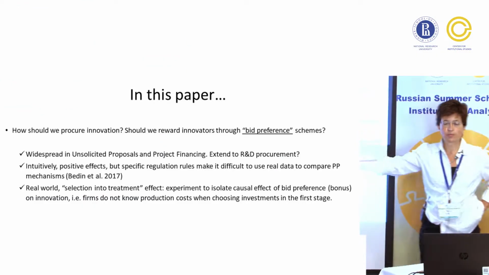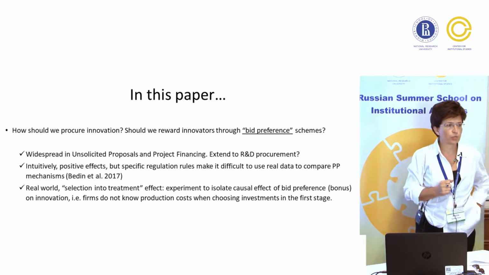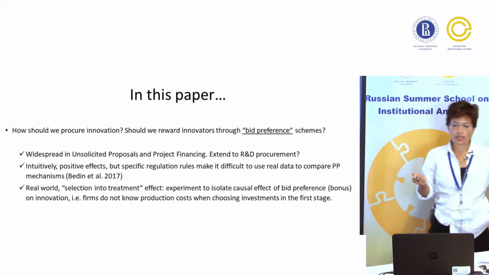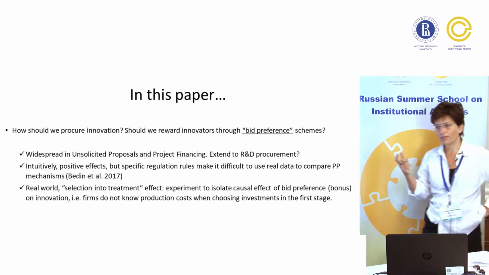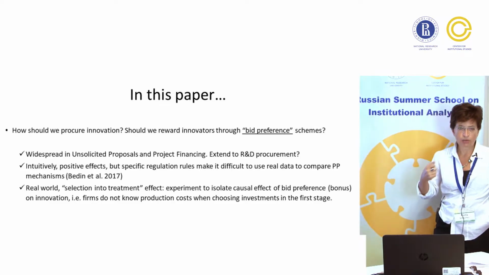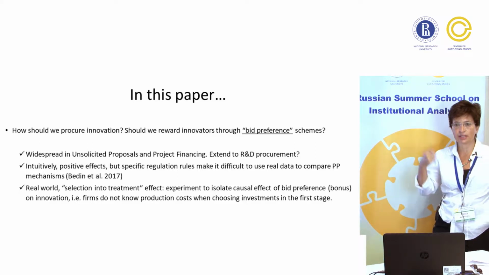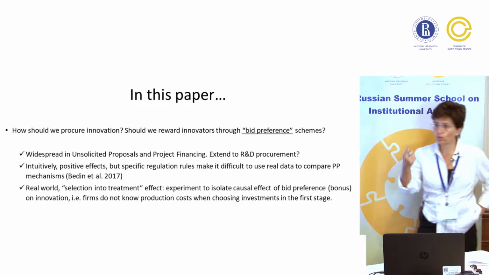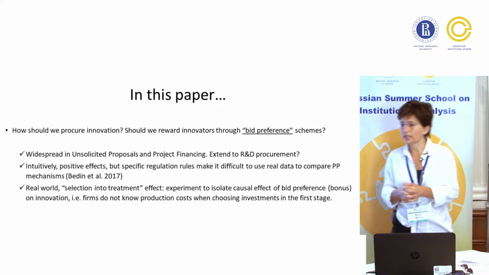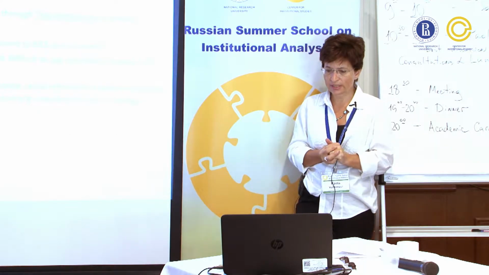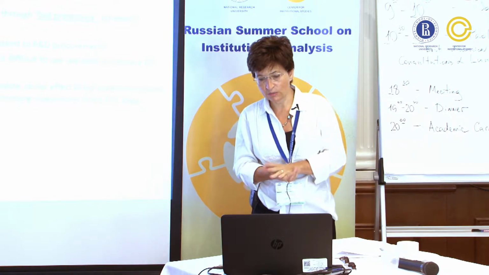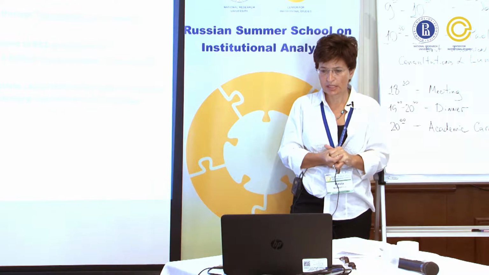Another motivation of the experiment is that in the real world you can have what is called a selection into treatment effect. Why? Because firms themselves, when they enter a mechanism with bid preference, take into account since the very beginning the fact that there could be this bid preference. So if you want to test the effect of having this bid preference, this is not possible because of this starting point from the firm and what you can then have in the data.